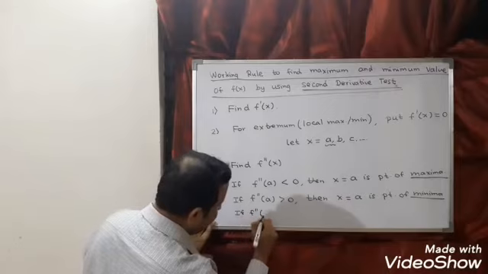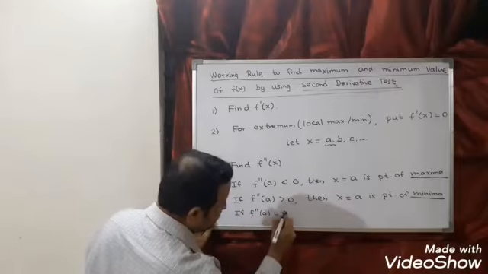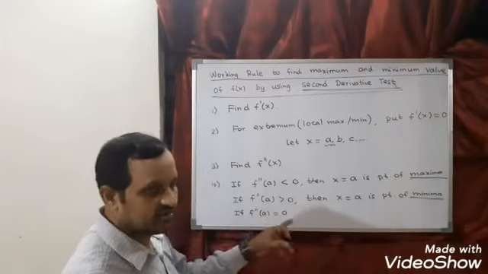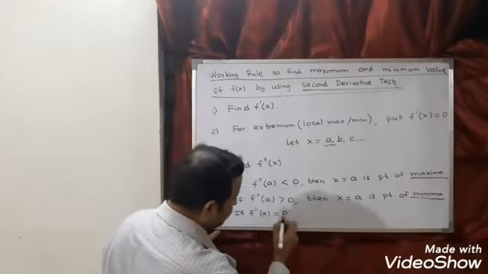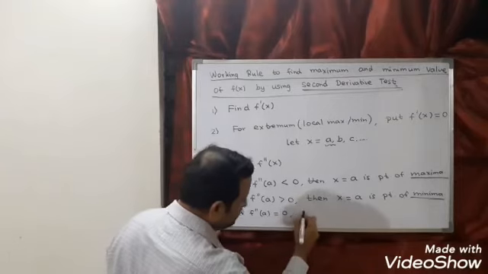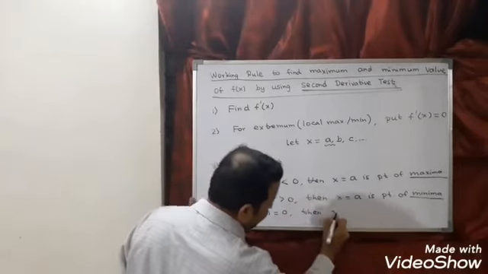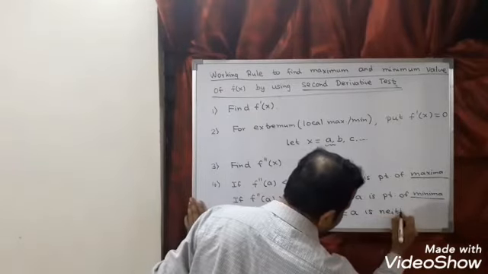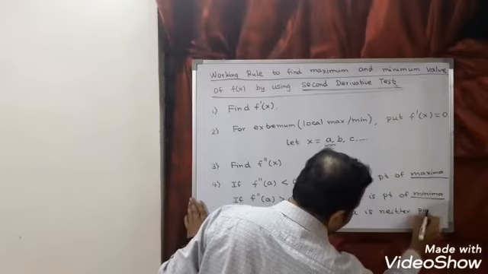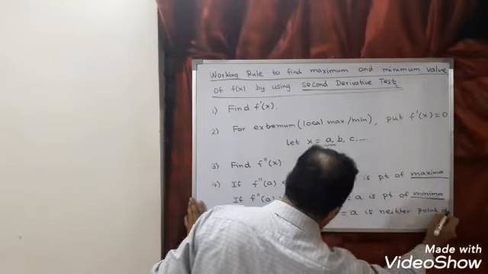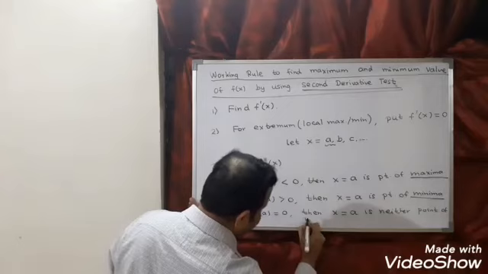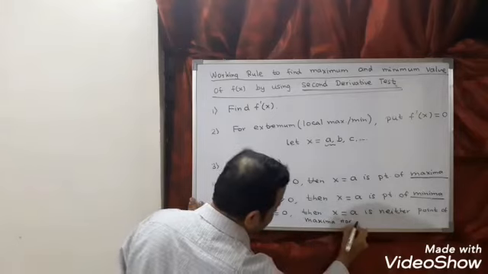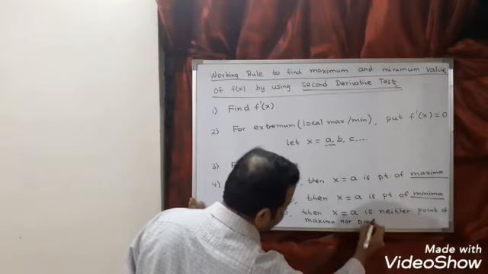If f double dash a is equal to 0, that is, if the second derivative at x is equal to a is 0, then x is equal to a is neither a point of maxima nor a point of minima.